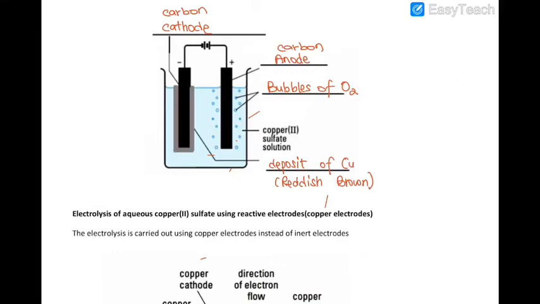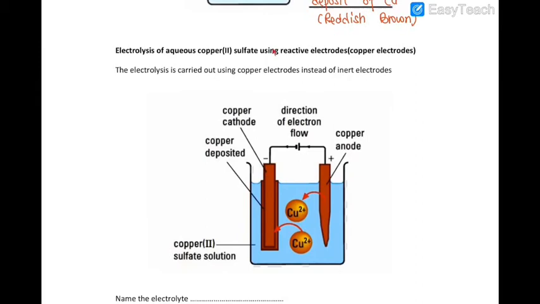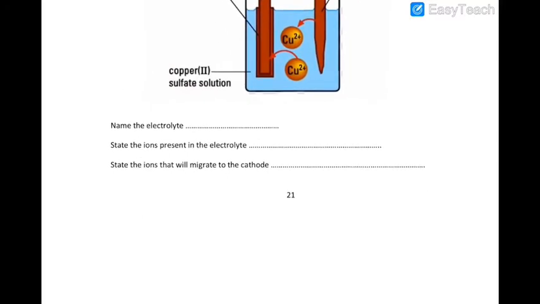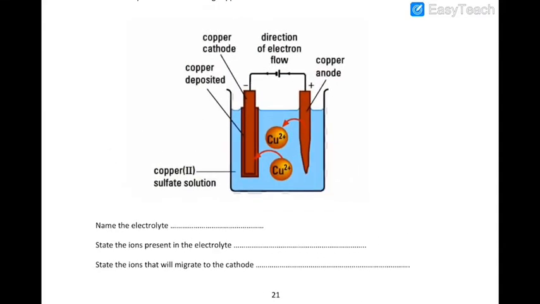Let's see what happens when we use reactive copper electrodes. So we're going to use a copper cathode and a copper anode. So here the electrolyte is going to be copper sulfate solution.